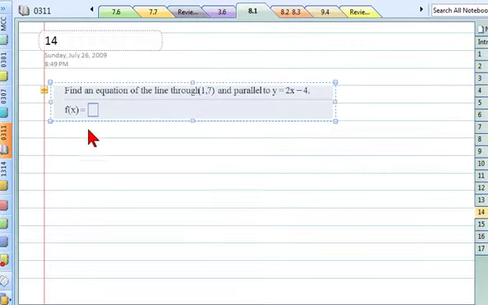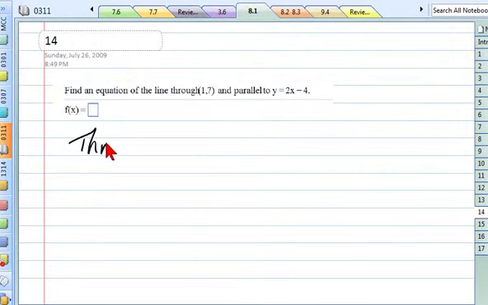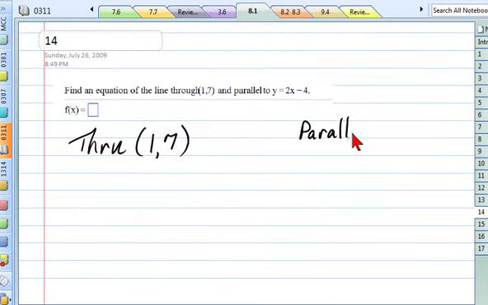It says, find the equation of the line that goes through the point (1, 7), and it is parallel to y equals 2x minus 4. Now, what is it that you really ought to know about a line as you get started, trying to find its equation?